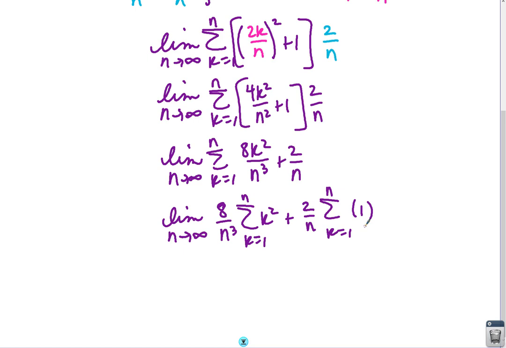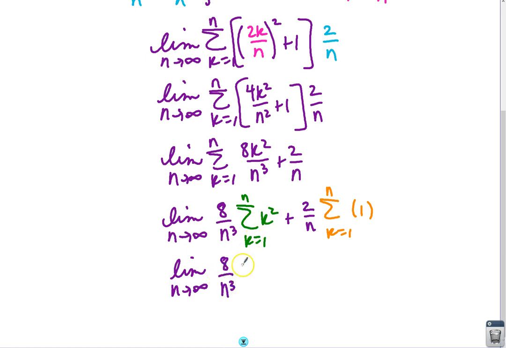Again, if we need some color assistance here, let's do green, and this one is going to be orange. Okay, so limit as n approaches infinity of 8 over n cubed.